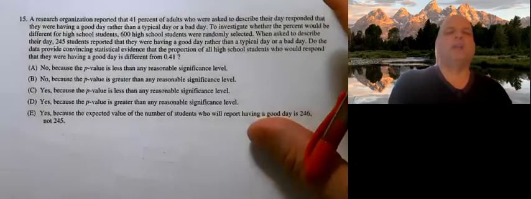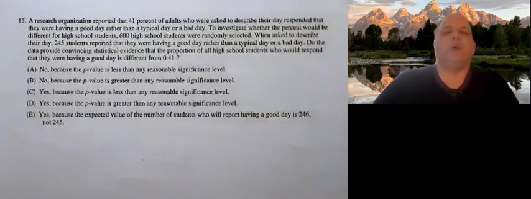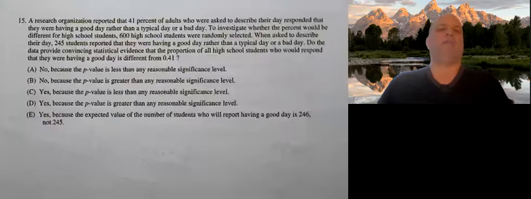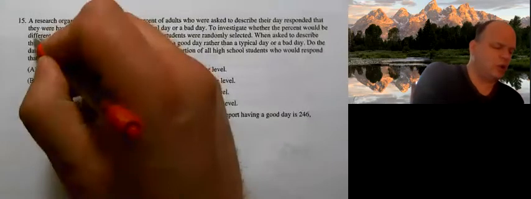Number 15, a research organization reported that 41% of adults who were asked to describe their day responded that they were having a good day rather than a typical day or a bad day. To investigate whether the percent would be different. So basically they're saying, you know what? We're going to accept that P equals 0.41, and we're going to run an alternative.